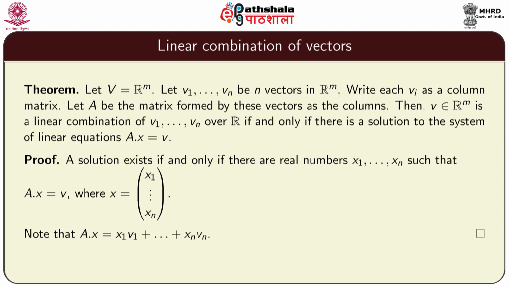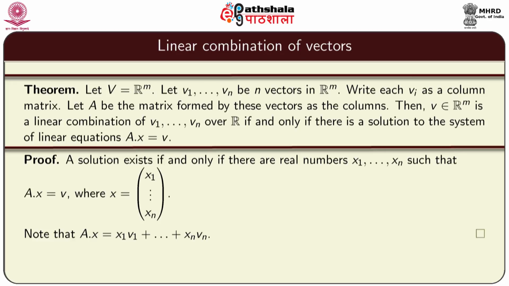This theorem is going to show you the connection between linear combination of vectors and system of linear equations. So, let V be the vector space Rm over the field R. Let V1, V2, ..., Vn be n vectors in Rm. Let us write these vectors as column matrices, and let us form the matrix A with these vectors V1, V2, ..., Vn as columns.